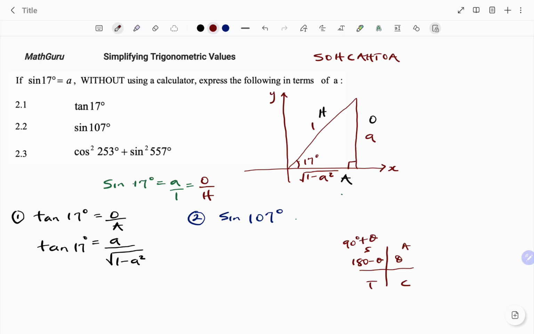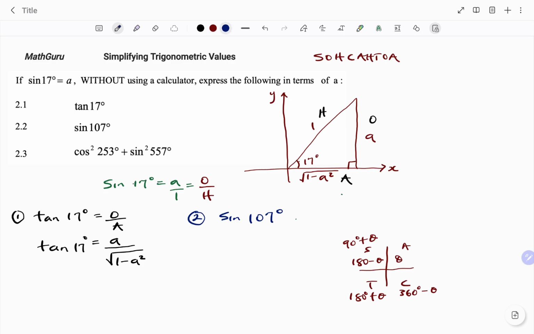In my third quadrant I have 180 degrees plus theta, and in the last quadrant 360 degrees minus theta. Note that sine of 107, that's an obtuse angle bigger than 90 but less than 180, falls in the second quadrant. So I'm going to use the cofunction 90 plus theta to break that down.